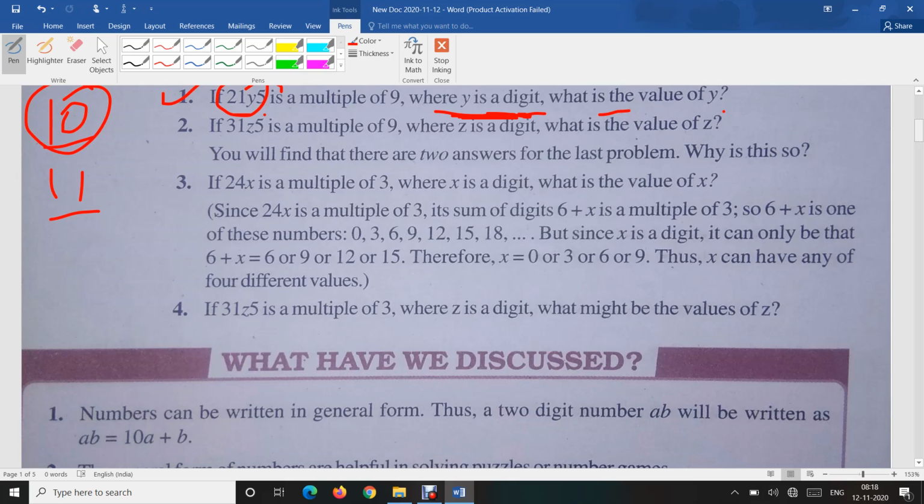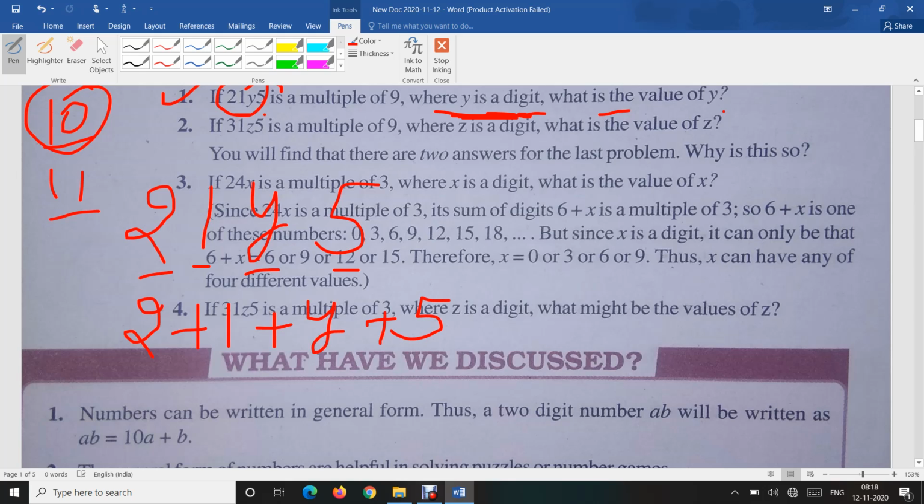Here the number is 21y5. That means the sum of these four digits, 2 plus 1 plus y plus 5, should be divisible by 9 or should be a multiple of 9.